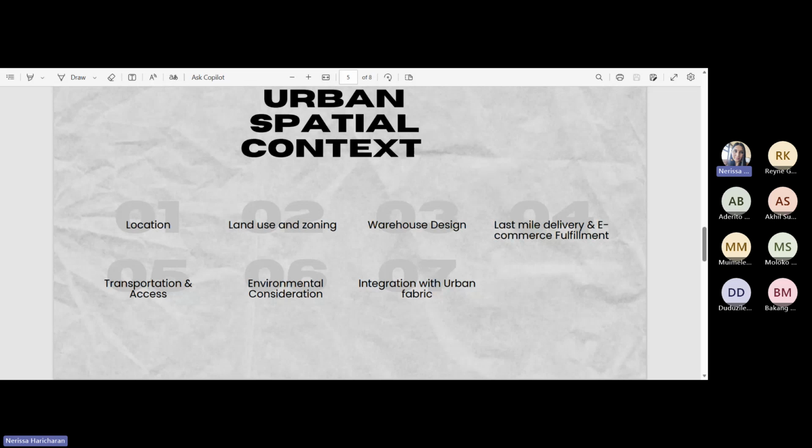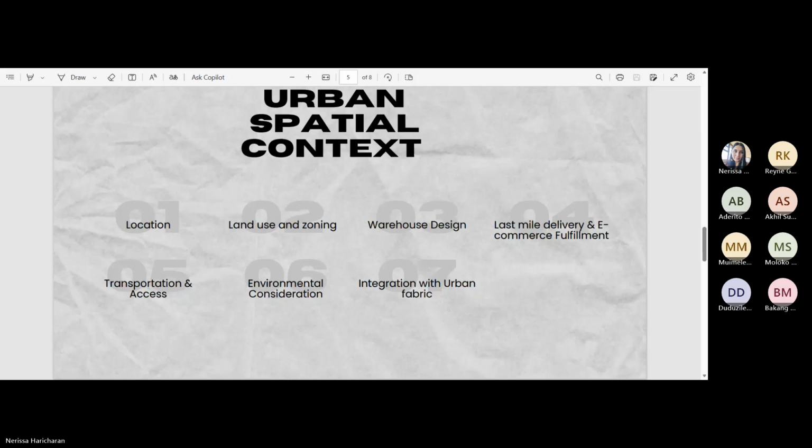A lot of automation, a lot of WMS, a lot of advanced technologies, anything that includes the actual design and purpose of that facility. Then we have last mile delivery and e-commerce fulfillment.